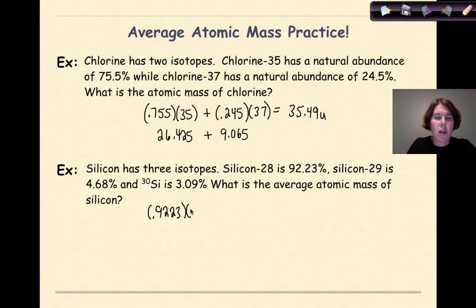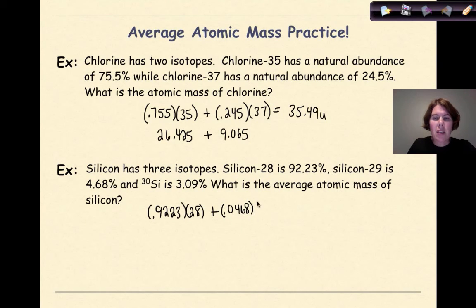0.9223, and I'm going to multiply it by 28 plus, what's my next one? Silicon-29 is 4.68%. Now be careful here. You're converting these into decimals. So you basically have to move over 2 decimal places. So when I do 4.68% and I convert it over, it's going to be 0.0468 as my decimal.